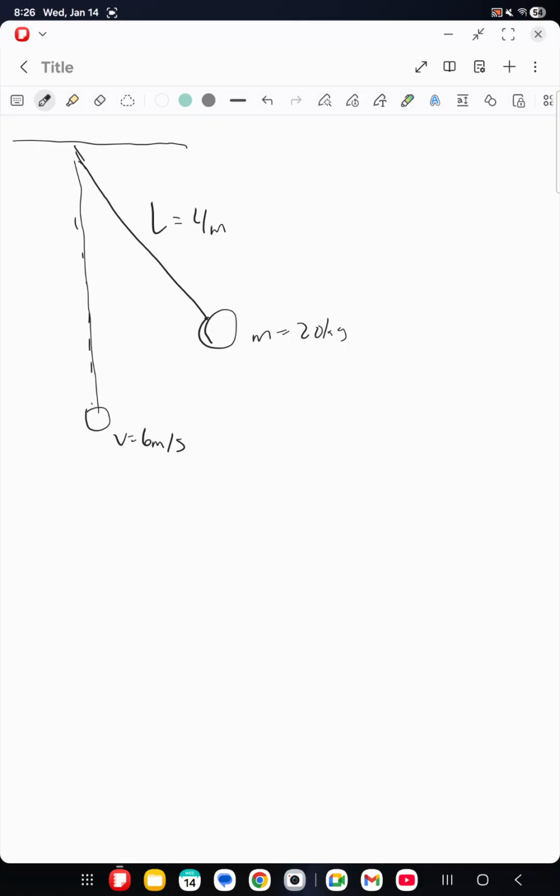So we are given the mass, 20 kilograms, the length, and the speed at the bottom, and we already know that g is equal to 9.8 meters per second squared. When moving in a circle, we could find the centripetal acceleration, which is v squared over r.